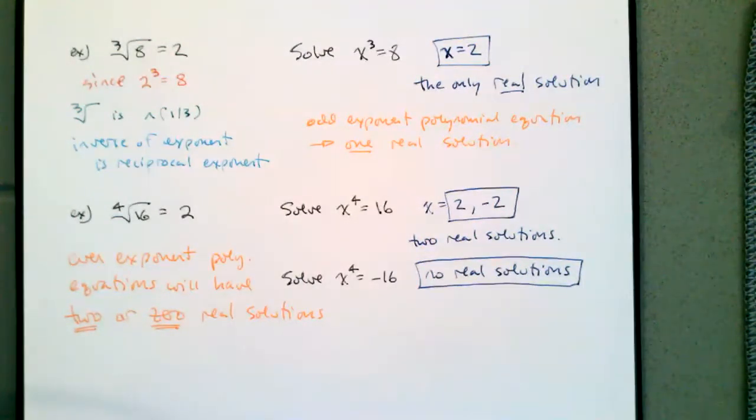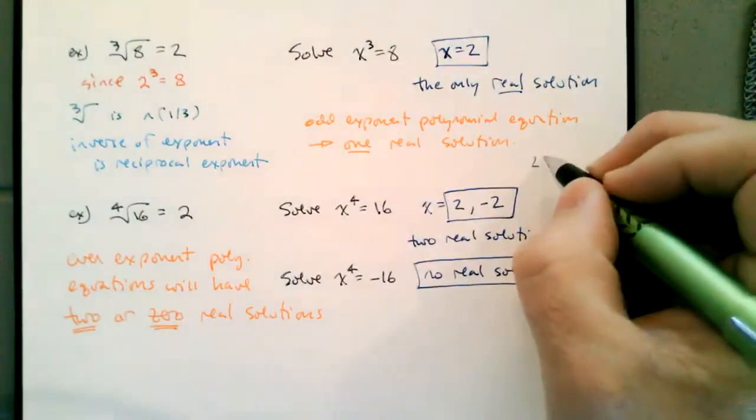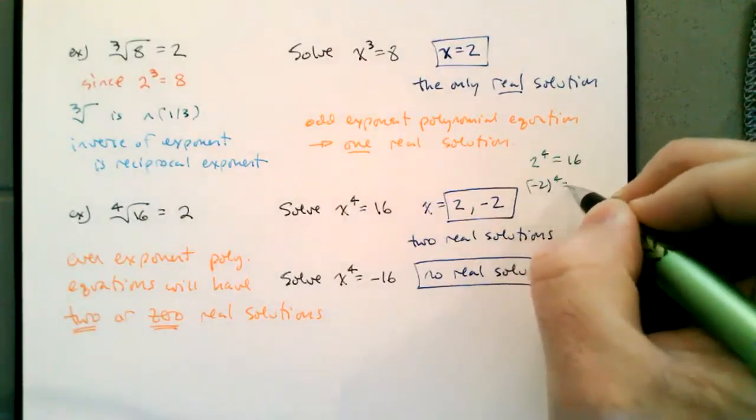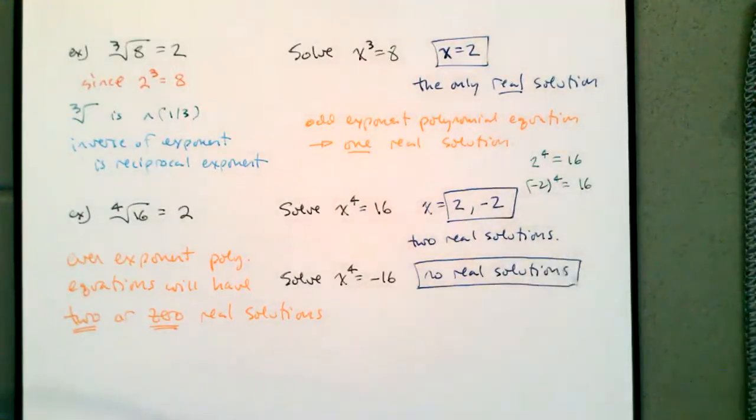Notice that 2 and -2 are real solutions to x to the fourth equals 16, because 2 to the fourth is 16 and -2 to the fourth is also 16. So these both work.